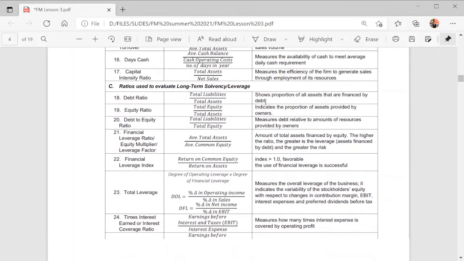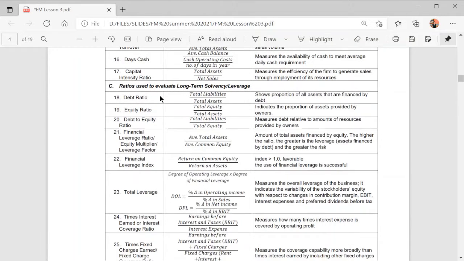Then, there are also formulas for solvency or your leverage. When we talk about leverage, it is how you use your long-term debts properly to generate more income or to add more value to the company. So the debt ratio is debt over assets. Equity ratio is equity over assets.